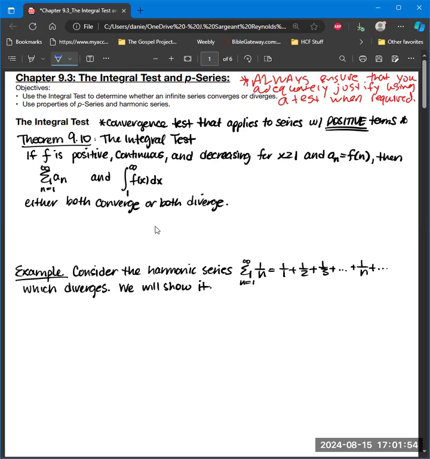It will tell us both answers. This convergence test applies to series with positive terms only. So we need to make sure with the integral test that f is positive, continuous, and decreasing.